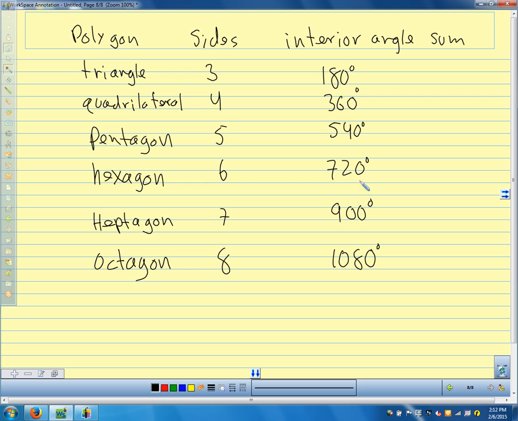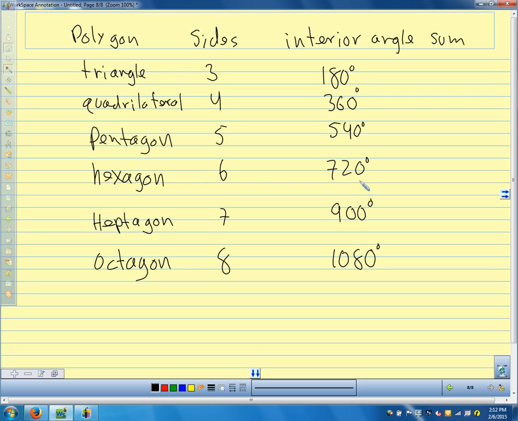Do we know any other names of special polygons? We talked about one, decagon. Do we know what a 9-sided one would be called? Almost, nonagon. 9 sides is nonagon. 10 sides is decagon. 12 sides? We could call it a 12-gon.